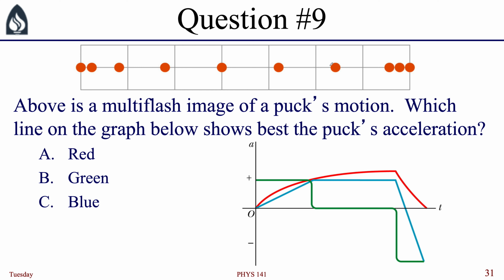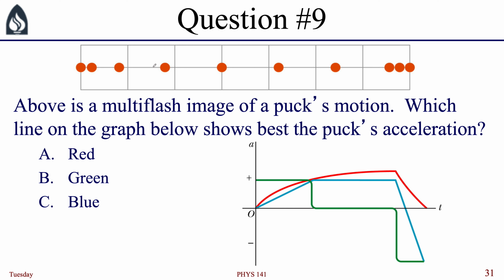If it's traveling at a constant velocity, not speeding up or slowing down, then the acceleration is 0. So the graph we should look at would be close to 0 in the middle. Over here on the left, the puck is speeding up. The distance between the images is getting bigger and bigger, so since it's speeding up, the acceleration would be positive.